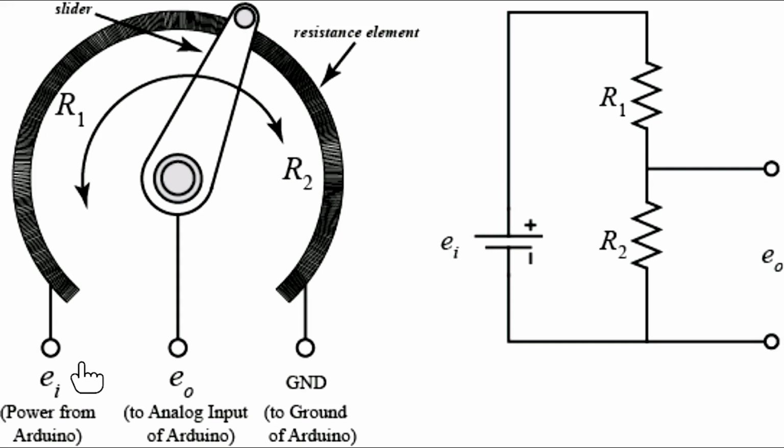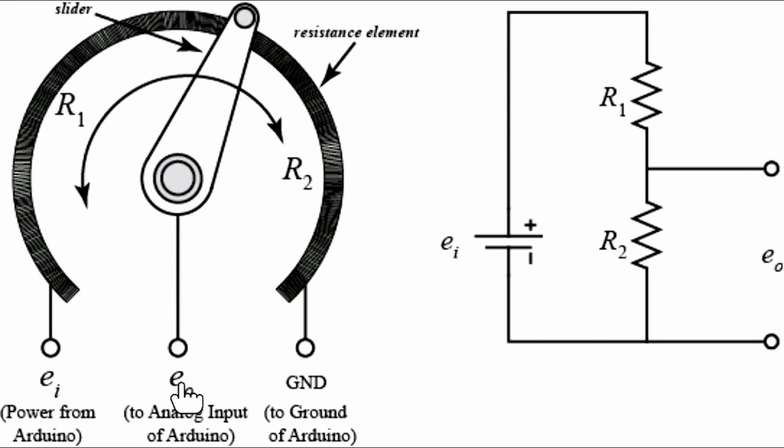So this positive terminal will be connected to 5 volt of Arduino, and this ground will be connected to the ground of Arduino. This is the terminal where we get the output from the potentiometer. This O is depicting the output of the potentiometer.